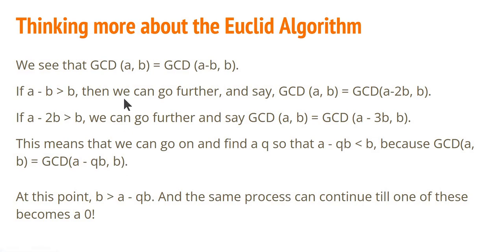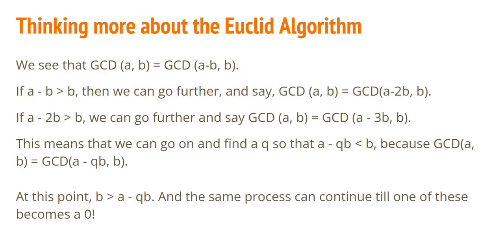So what that means is that I can come down from this computation not to A minus B, A minus 2B, A minus 3B, and so on. In fact, I can very quickly drop down from A, B to, let's say, A minus, for example, 10B. We'll talk about this later. A minus 20B, right? So we can very quickly keep coming down. Now at this point, remember, B has become more than A minus QB. Which means that the roles reverse, but the same process can continue until one of the two becomes zero.